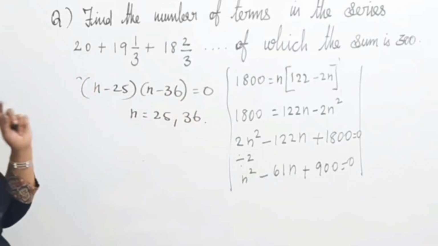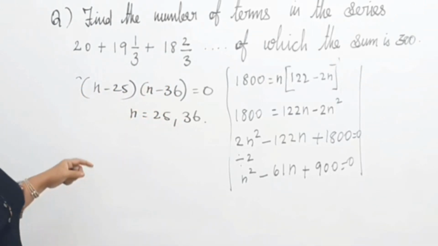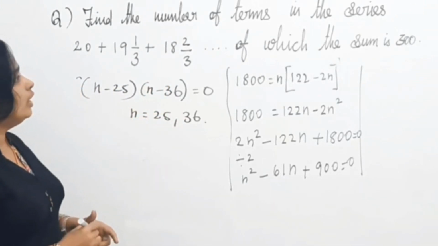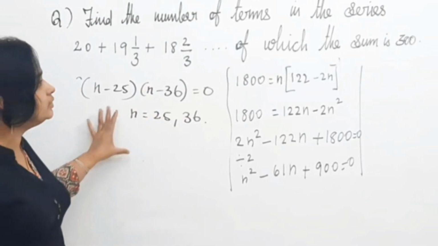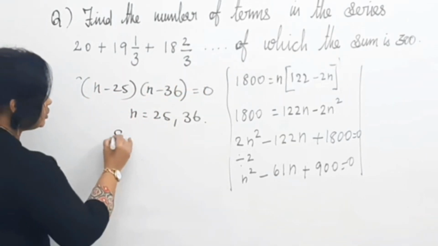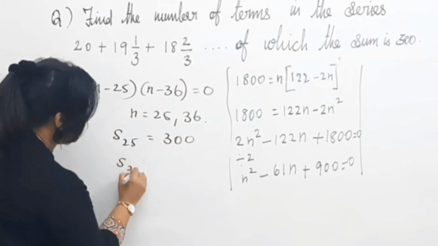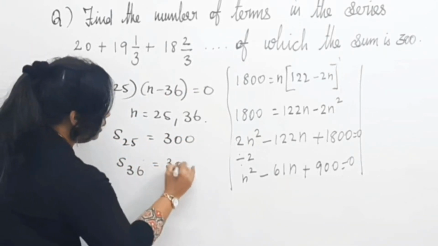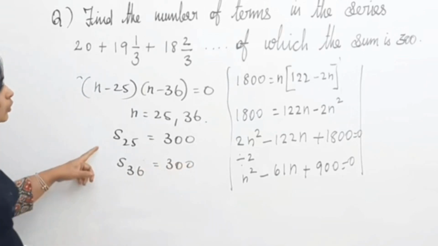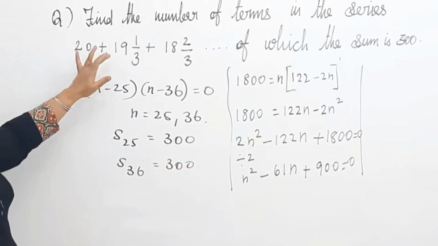Now two n's are there, 25 and 36. I should explain how the double answer comes such that the sum is 300 for both. That is, S25 is also 300 and S36 is also 300. Now children, you have noted D comes as minus 2 by 3, which is negative.